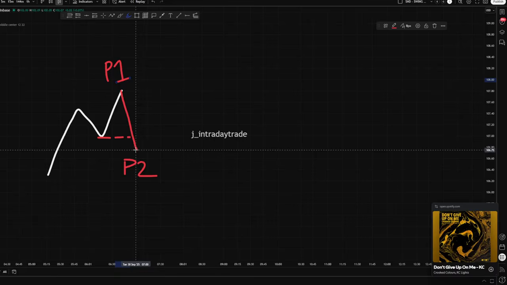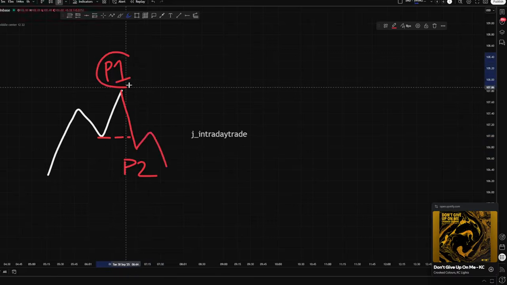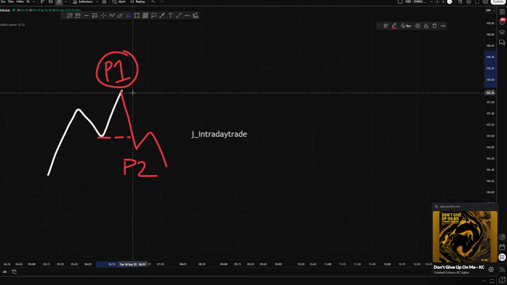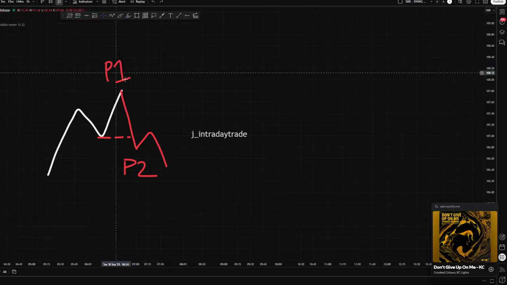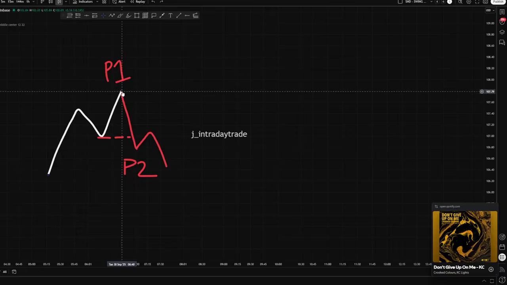Because if price just did this, it is completely nothing to you right now. This very high is absolutely nothing to you. So you don't want to confuse yourself with writing out P1 before the P2. If you understand where the P2 is, if that P2 sweeps that high, that potential high to be swept is the P1.